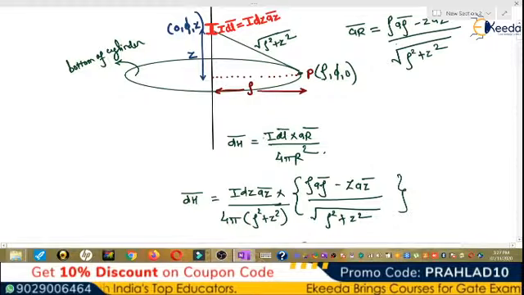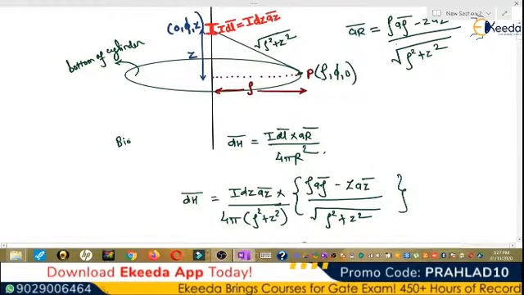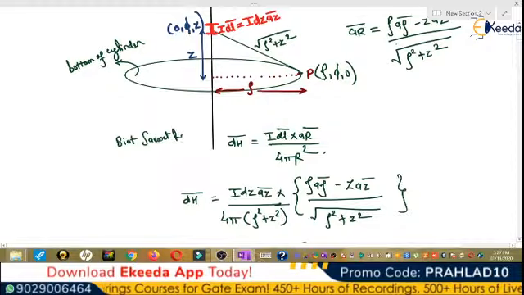Okay, and the dH vector, according to Biot-Savart law, is dl vector cross a_R vector by 4 pi R square.